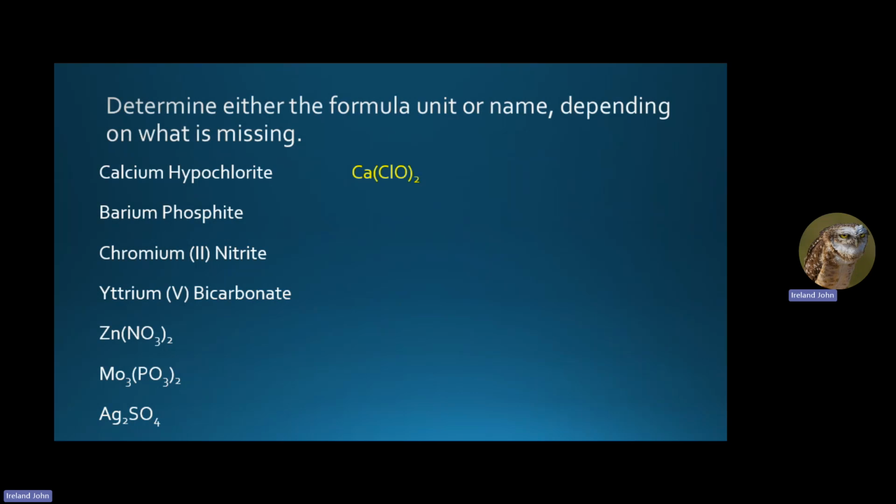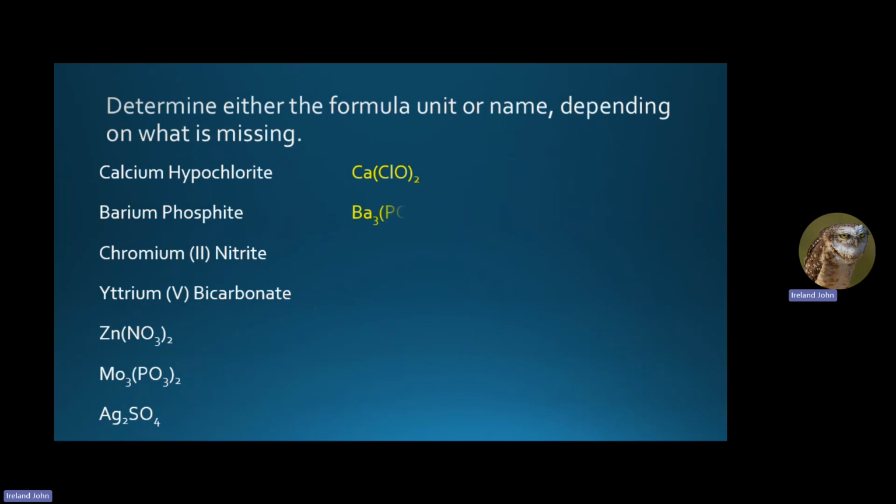So phosphite is PO3. Phosphate is PO4. Note, not all the polyatomics have the same number of oxygens for an -ate or an -ite. The nomenclature is weird. What it basically says is the one that has the most oxygens gets the -ate, and the next one down is the -ite.